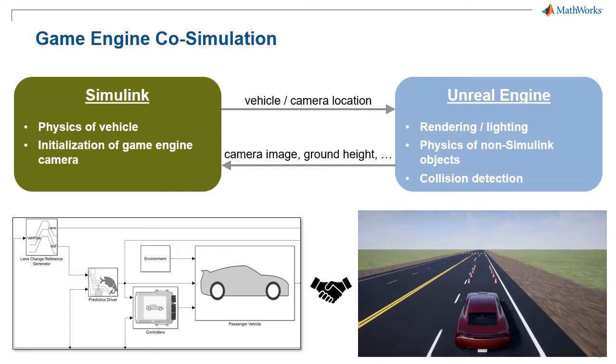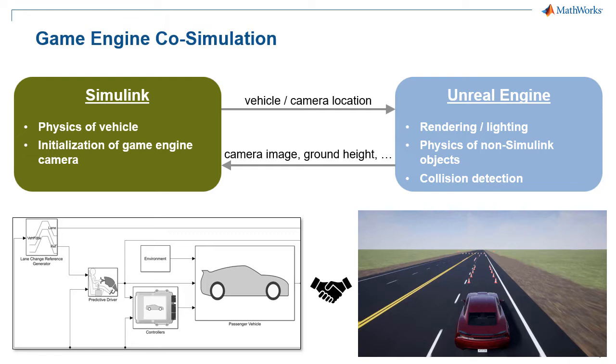Let's look at how the game engine co-simulation works between Simulink and the Unreal Engine. So Simulink has the physics of the vehicle, and from Simulink you initialize the gaming engine camera. So Simulink sends to the Unreal Engine the vehicle and the camera location.